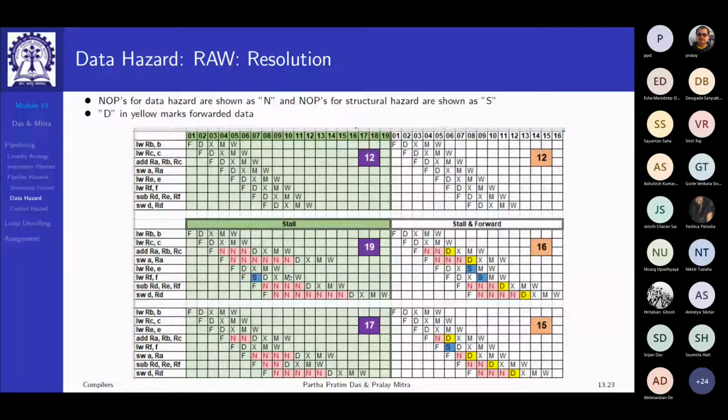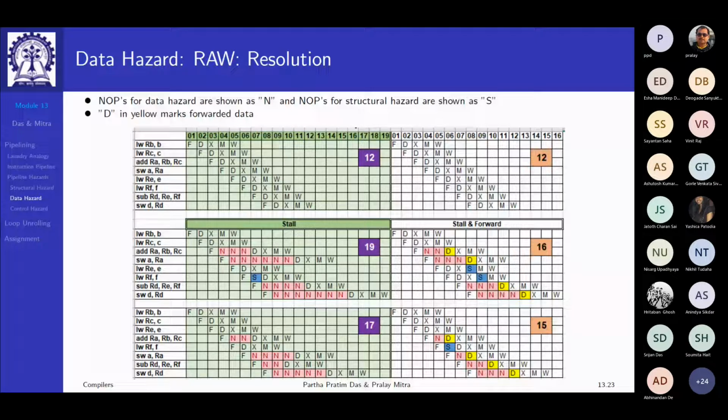So when sub comes in, sub needs to use 2 less stalls here, and then we have the store for this RD. And as we work out, this turns out to be that you can do this in 17 cycles now. So two effects.